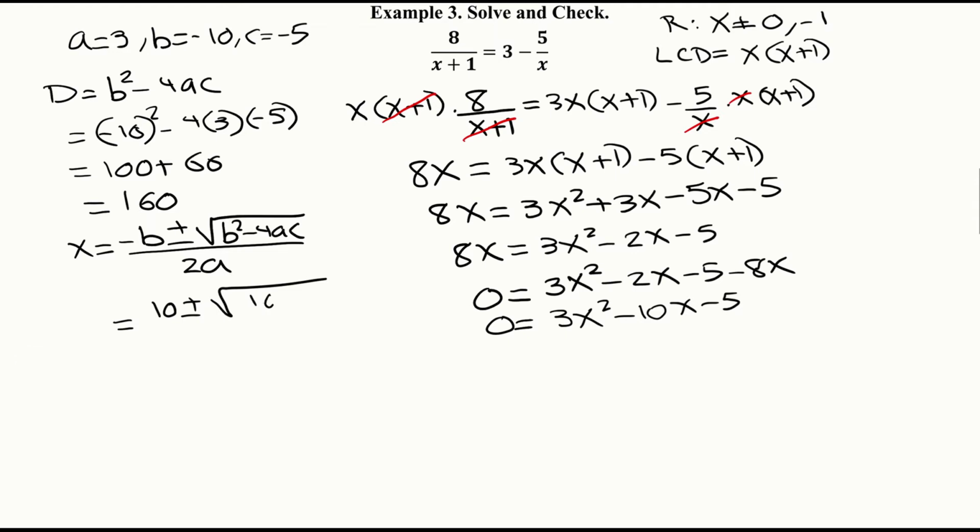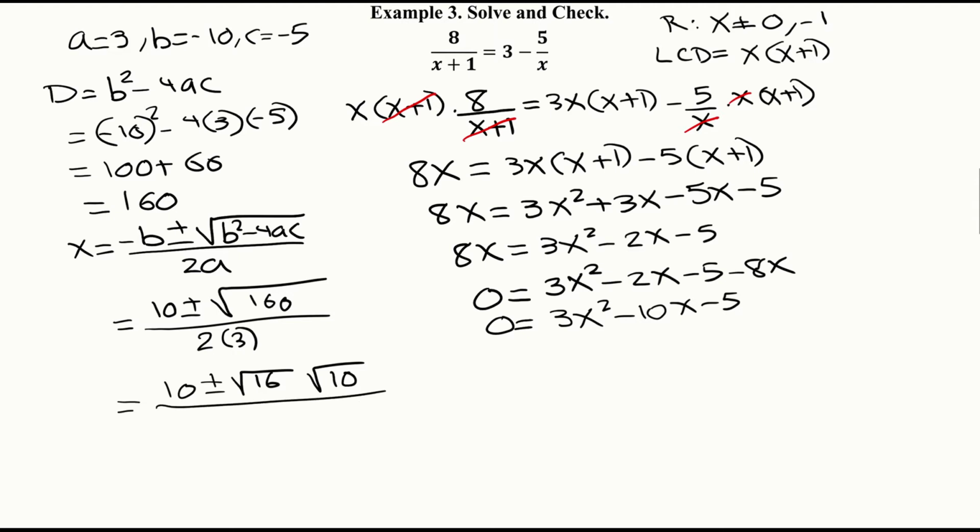So it was 160 over 2a, so that's 2 times 3, so we end up with 10 plus or minus, we'll go ahead and break this up to simplify it. So we have square root of, you know that we want the largest perfect square factor of 160 in here. That should be simple enough with 16. And we'll put the non-perfect square product that's left in here, and that'll be 10. And downstairs we have 6.